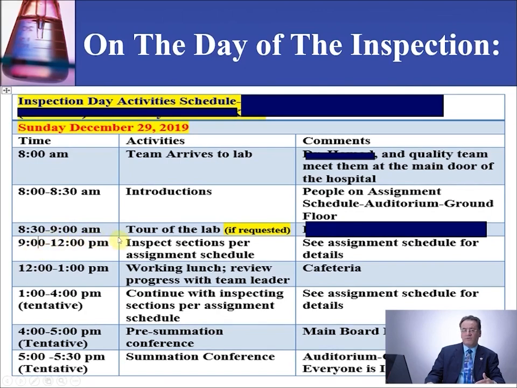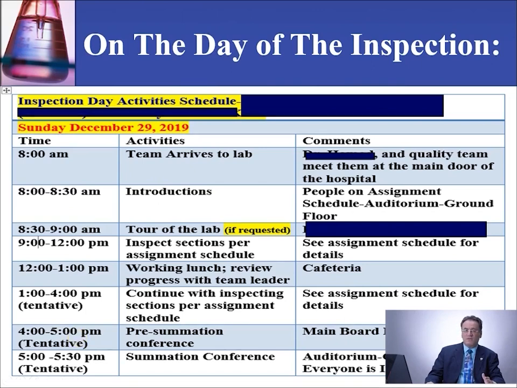From 8:30 to 9, usually there is a tour of the lab, or they can start the inspection immediately. Then from 9 to 12, they will inspect different sections as scheduled. Then 12 to 1 will be lunch, and after 1 to 4, usually they continue with the inspection. Then they need between half an hour to an hour for their pre-summation conference, which is in their meeting room.